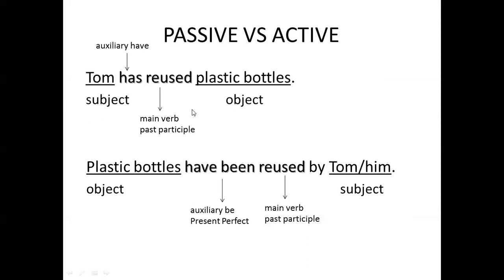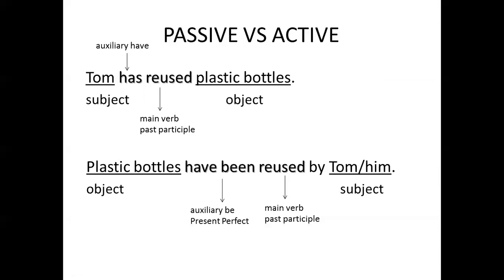We are even using a proper name, and we are using the auxiliary have, third person singular, because the structure is present perfect. Remember that. We use reused in past participle, it is a regular verb, so the ending is with ed, and the object plastic bottles. You see. So the important thing here is who performs the action. In this case, it is Tom.